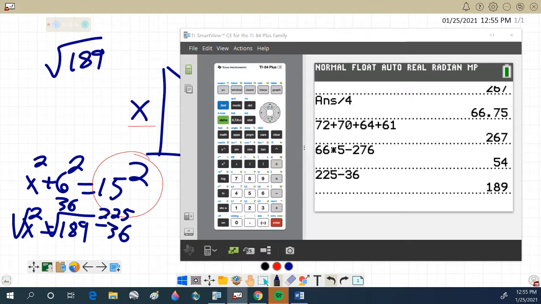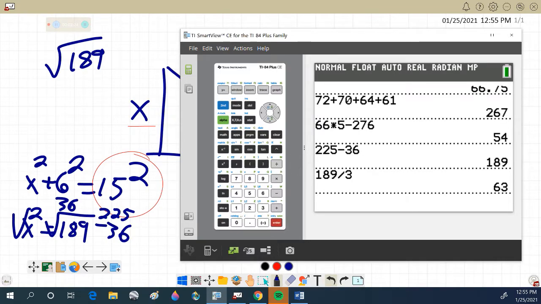Now, you do have to check to see if 189 simplifies. Well, do I need plus or minus? No, because side lengths are always positive unless you're in the coordinate plane, which we're not. So 189 is divisible by 3. 3 and 63.